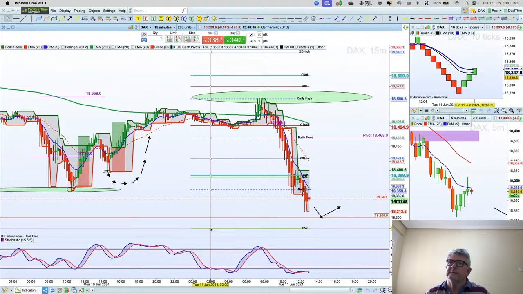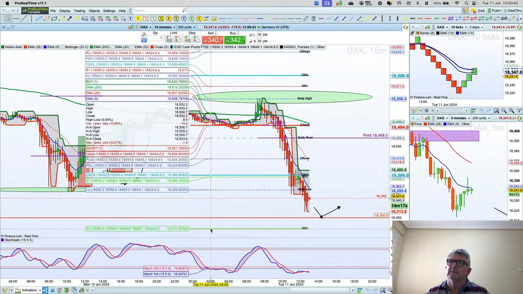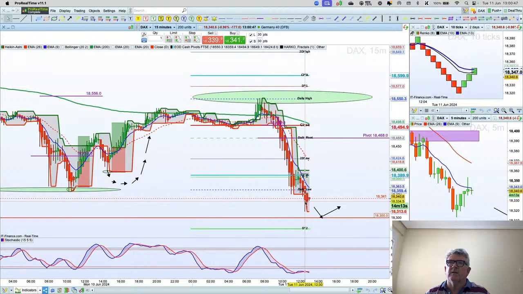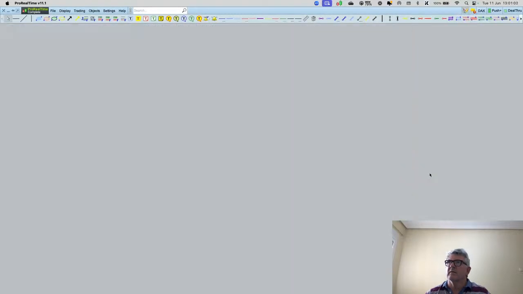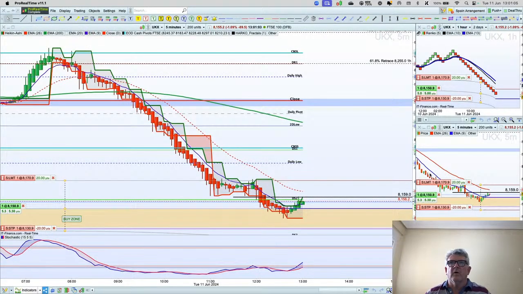Right. So we're waiting for a 15-minute bar off here, potentially. A 15-minute bar for BRN might be okay. A 5-minute fracker, if it comes back up and reverses down to here, might be okay, but that's not my preferred solution at all, really. It's the UK that would be more of an interest.